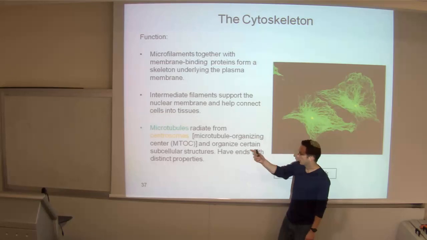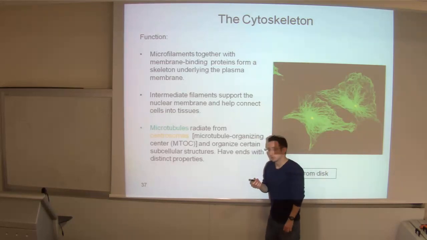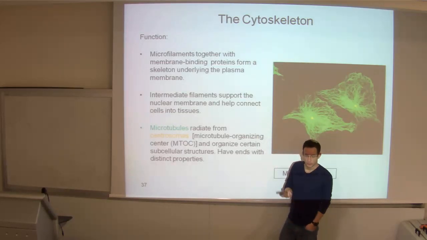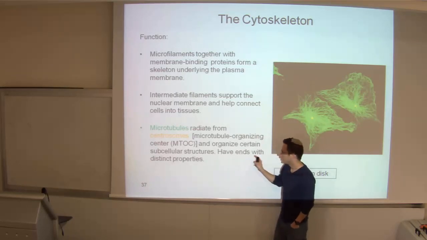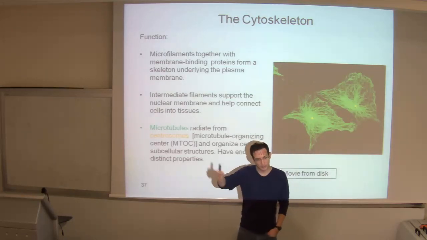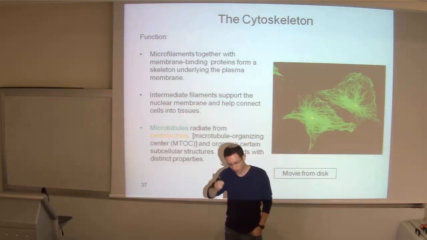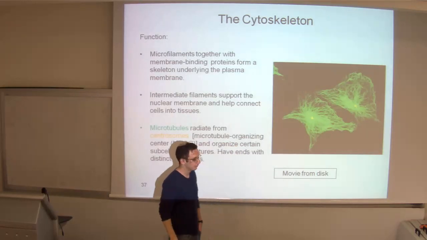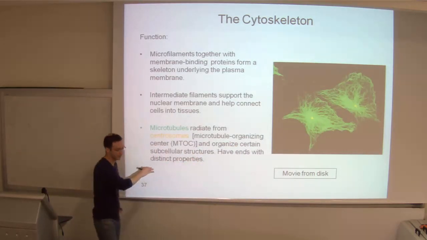And another thing to say about microtubules, and it's a result of the fact that they are built of two different proteins, alpha and beta tubulin, is that they have ends with distinct properties. Microtubules are sometimes referred to as the highways of the cell, and in these highways you have directionality because of the different properties in each end.